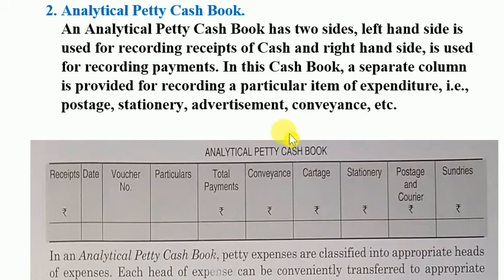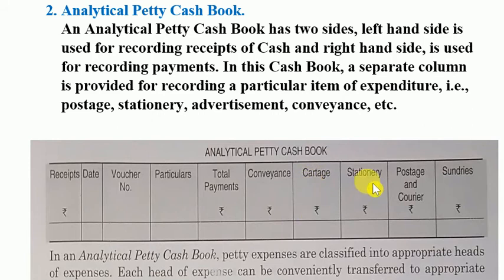that is, the expenses incurred in conveyance. The total expenses of conveyance will be recorded in the conveyance column. The total expenses incurred in cartage will be recorded in the cartage column.